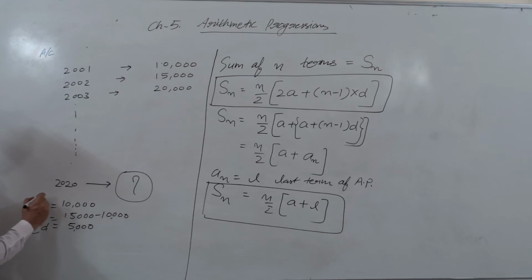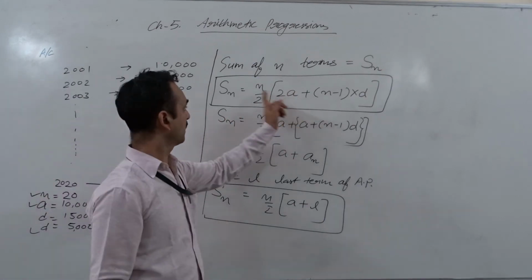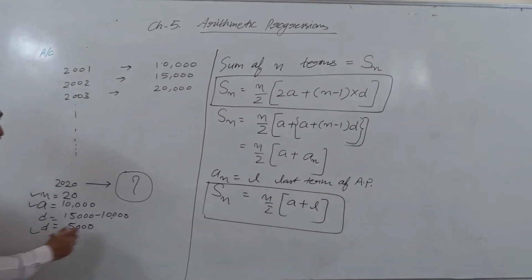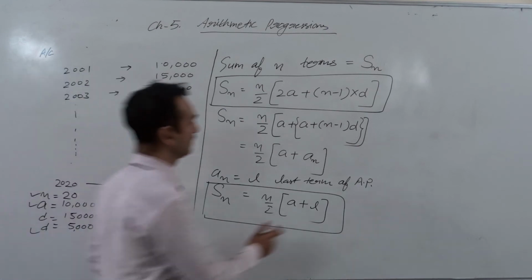What is n? Now you decide what n is here. Think about this: starting from 1 to 20. So n is 20. How many terms here? 20. Simple, clear. So n is clear, a is clear, d is clear. Are we able to use this formula? Yes. Now we are able to use this formula. So let's see here.